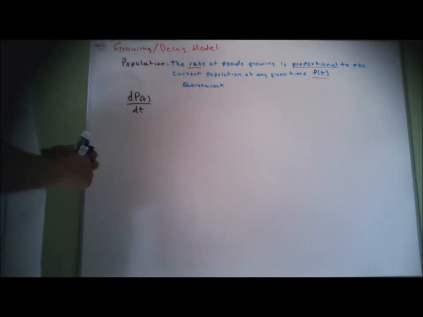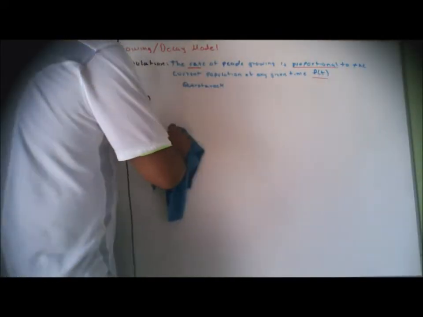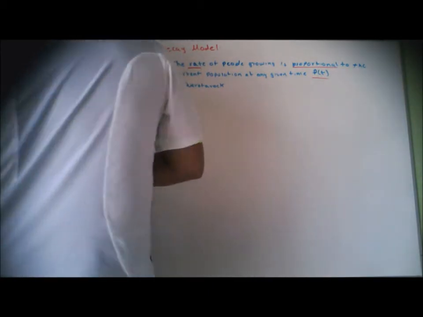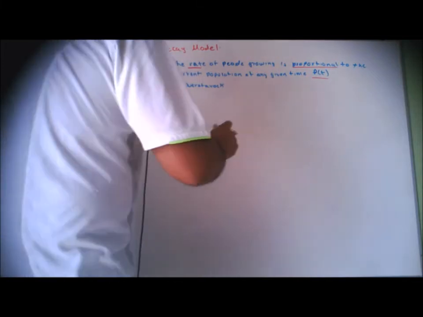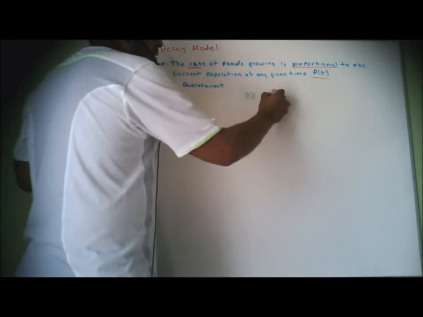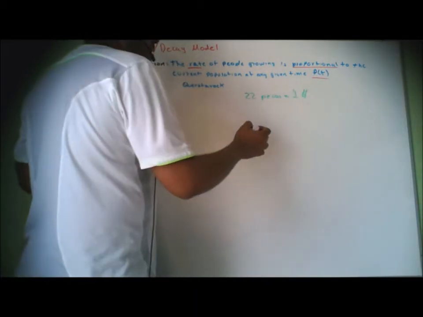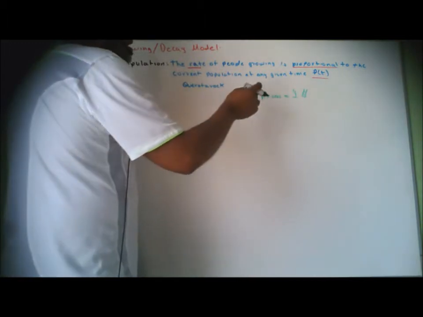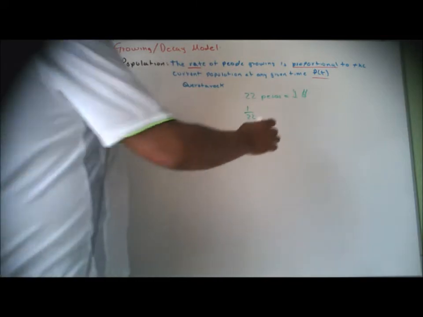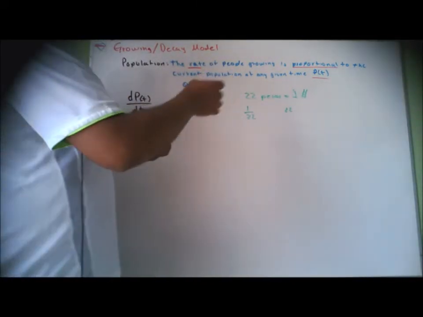Currently, the exchange of pesos and dollars: let's say today we have 22 pesos equal to 1 US dollar. So the proportionality is 1 over 22 if you make the conversion to dollars. Alright, so this is a proportionality.